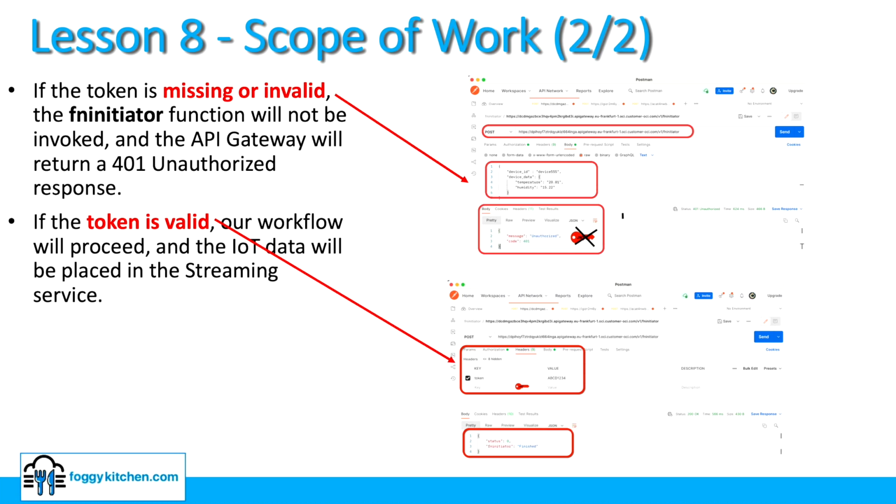In the header, we are passing the key equal token with the value which is matching something which will be in our function for validation, and that's why fniniitiator has responded with a finished message and the status is okay.